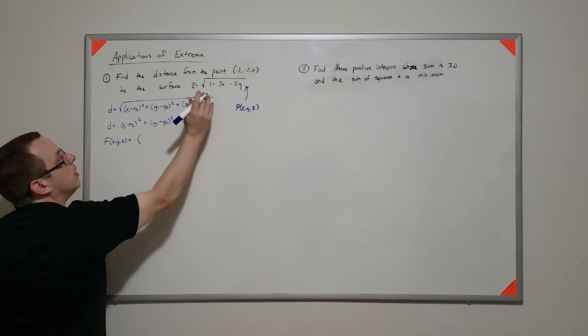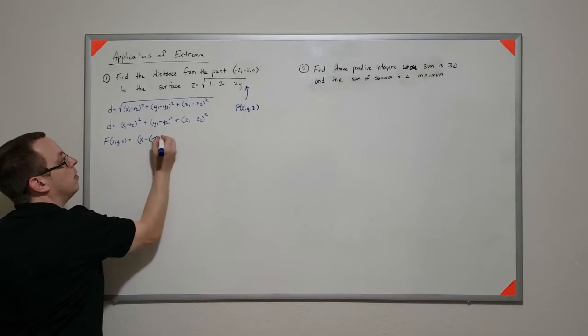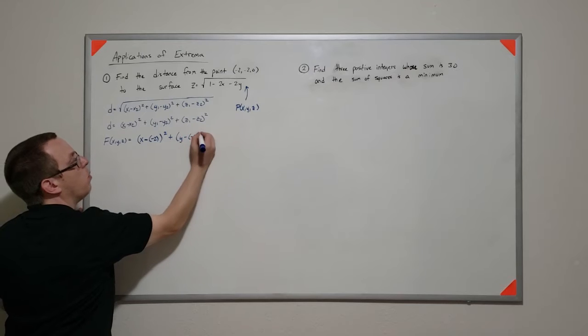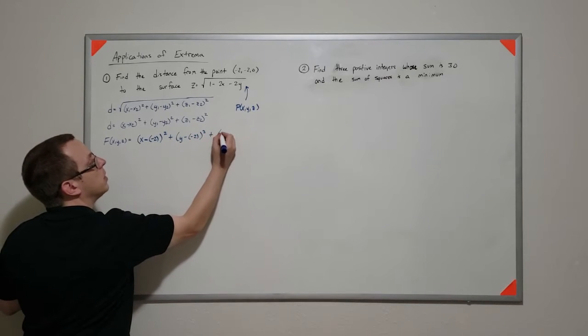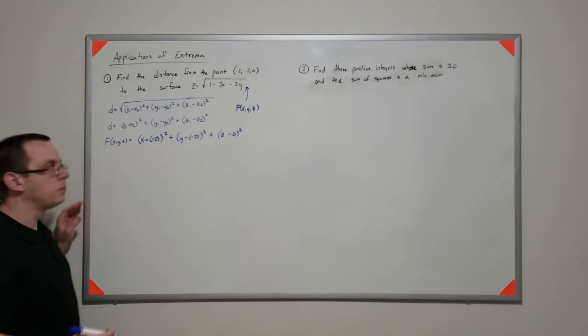It's x minus the point, plus y minus the point, plus z minus the point.